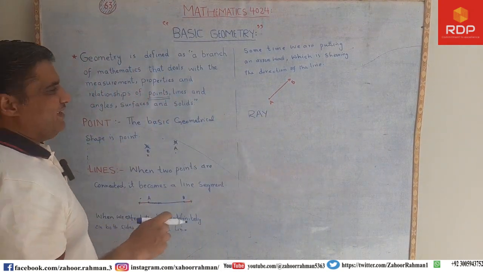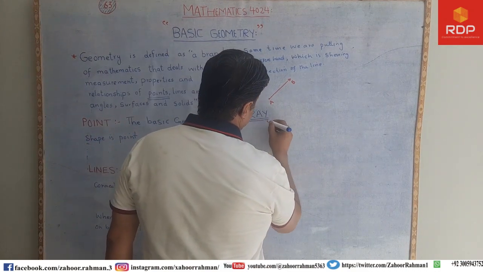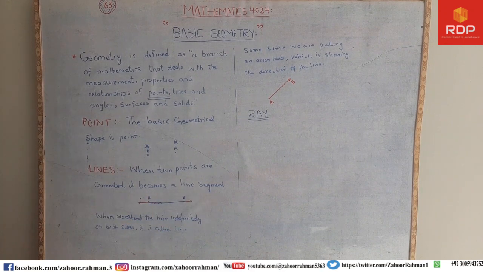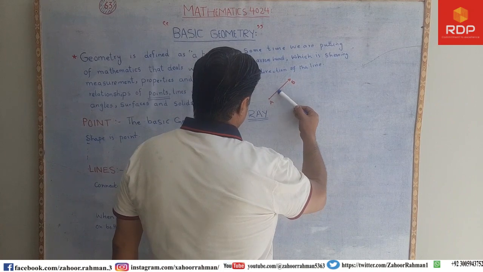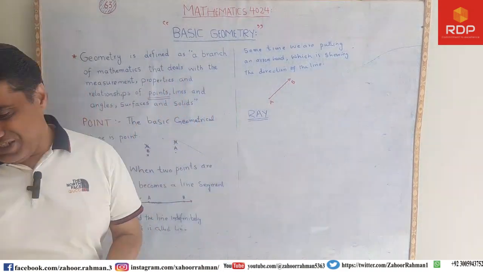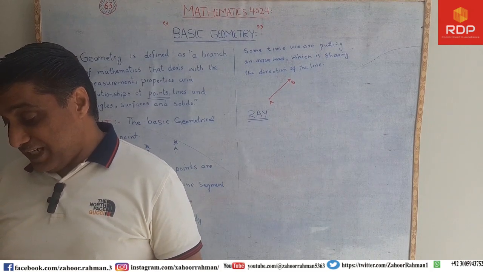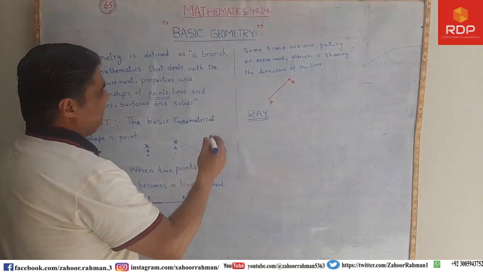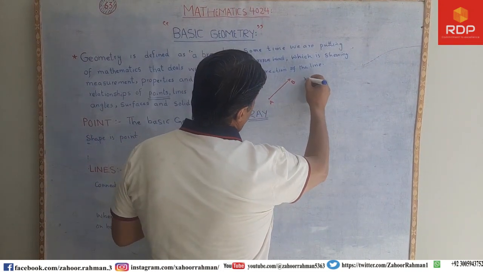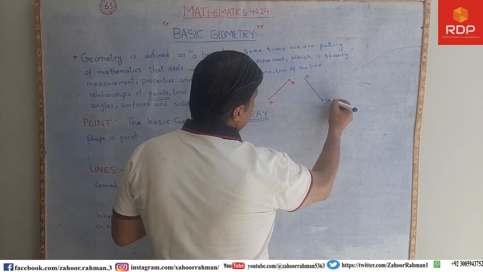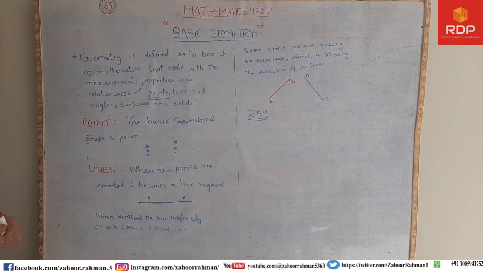When arrows show direction on both sides, it is a line in indefinite direction. But if it shows one direction, this is called a ray. For example, we have A, B, R and O, C. These are called rays.